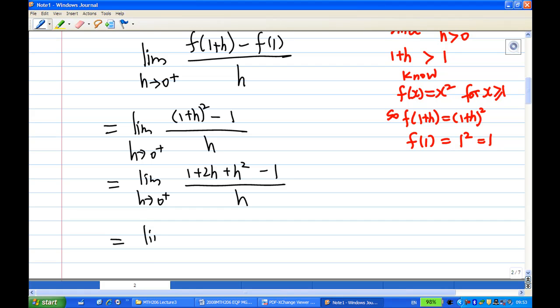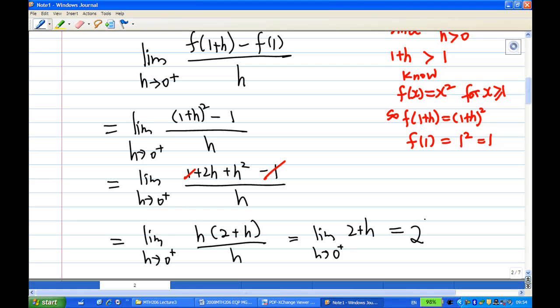And after cancellation, we know that 1 and minus 1 cancel, so we are left with 2h plus h squared over h. Since h is not equal to 0, this can cancel, and we get 2 plus h. When h goes to 0, 2 plus h goes to 2. So this is what we call the limit from the right.